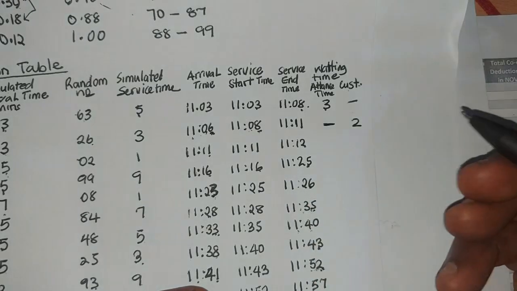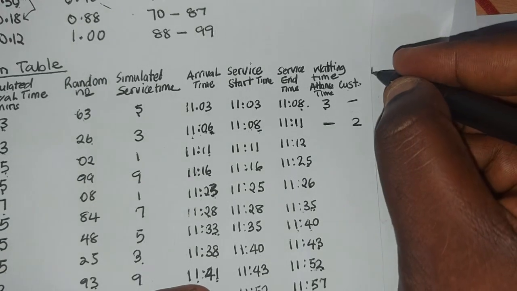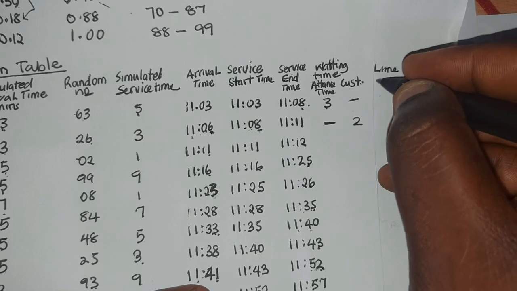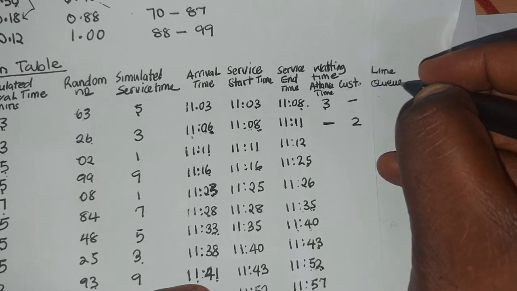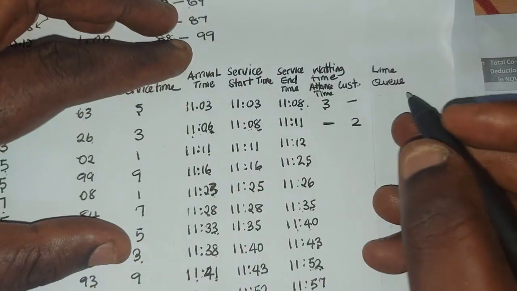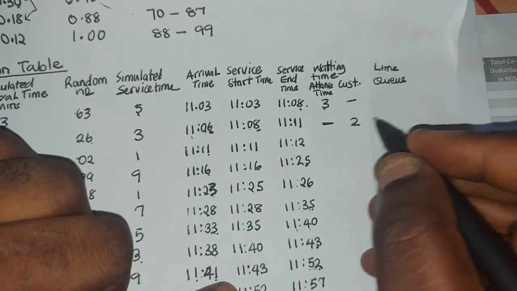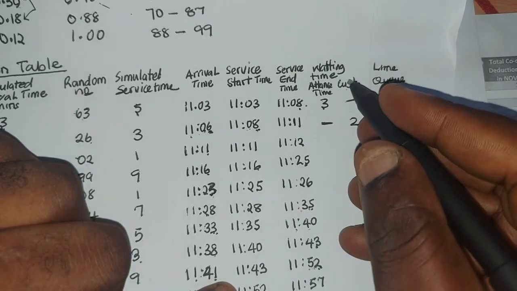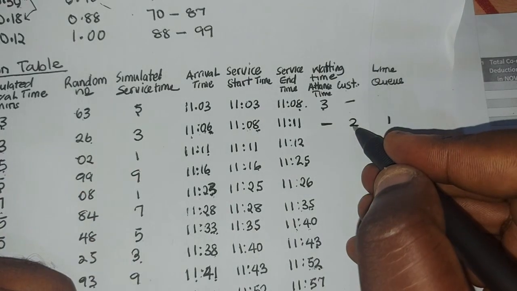Then the line in queue, or the length of queue, means that as at this time there is one customer waiting that spends 2 minutes before being attended to.